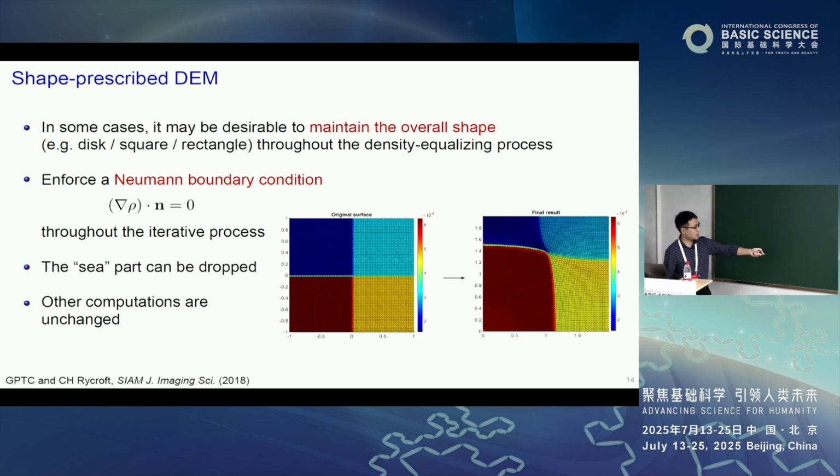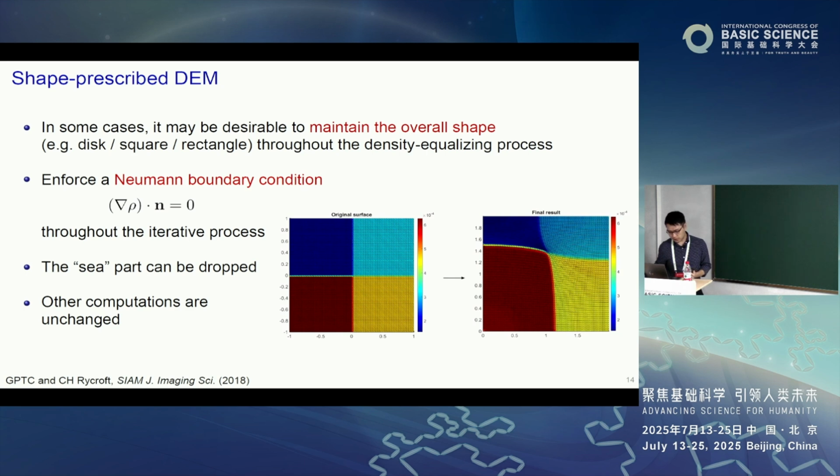The effect is that the points can still slide along the boundary. For example, here you can see that the red region is expanding. The boundary points here are going quite a bit up, and the boundary points here are getting squeezed quite a bit. So the points can slide along the boundary, but they may not go outside, or go inside the shape. That's how the shape prescribed DEM works.